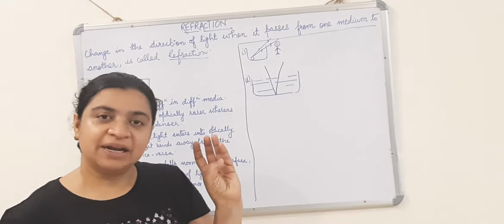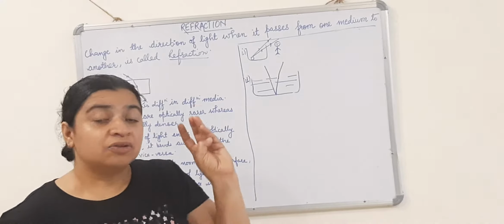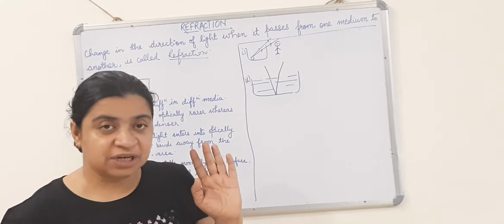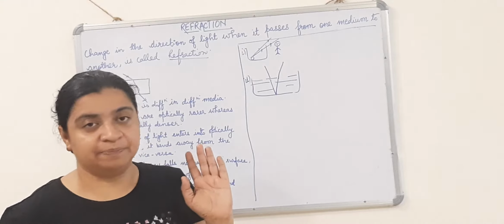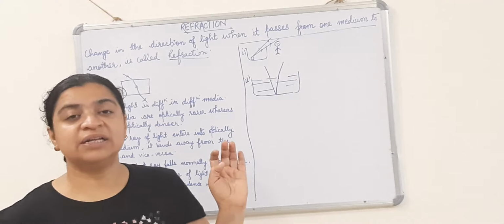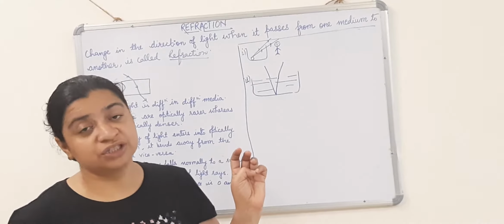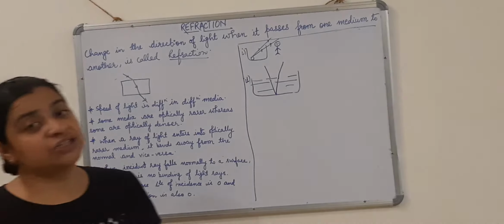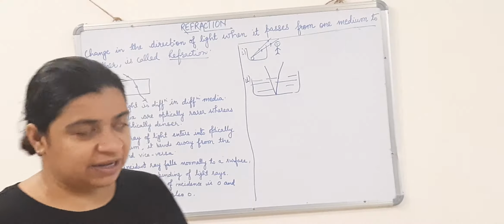One medium is air and the second medium is glass. The light will again bend or change its direction because of the change in medium. This bending of light or the change in direction of light is known as refraction.